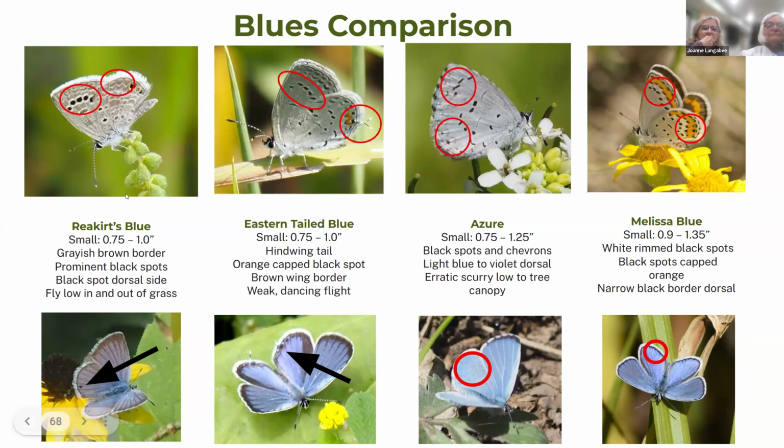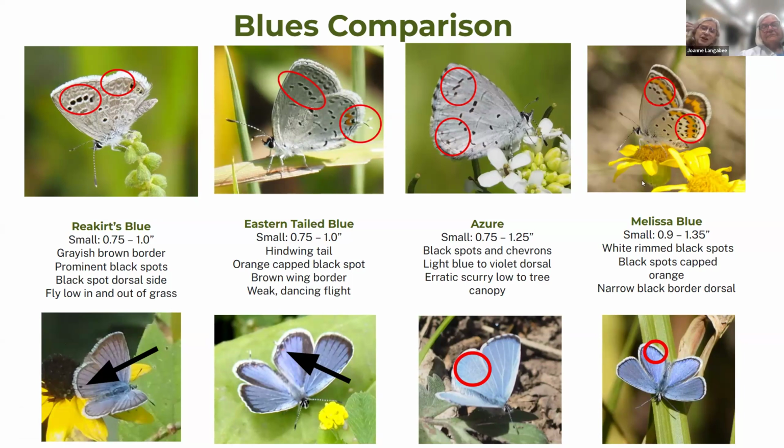Reakirt's blue is not as common, at least not at Lawrenson. And we find the host plant at Lawrenson. And a dead giveaway is your row of black eye spots with a ring of white, and also the white fringe and the wavy lines just inside the border of the fringe.